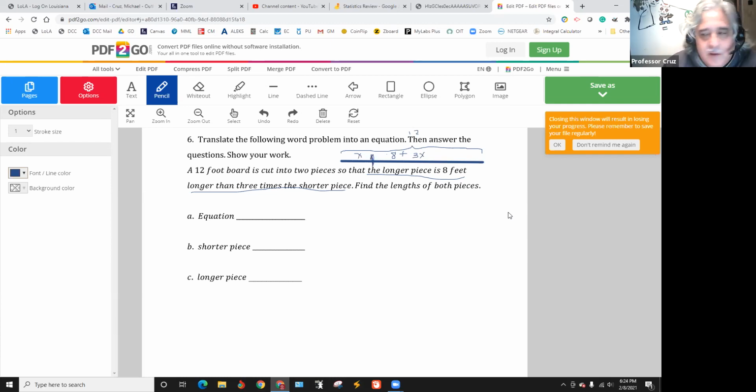Two pieces: x, and the other piece is 8 more than 3 times x. So that's the equation, equal to 12. The way it's set up, it's not simplified yet.